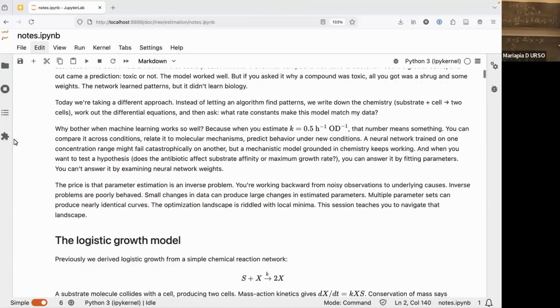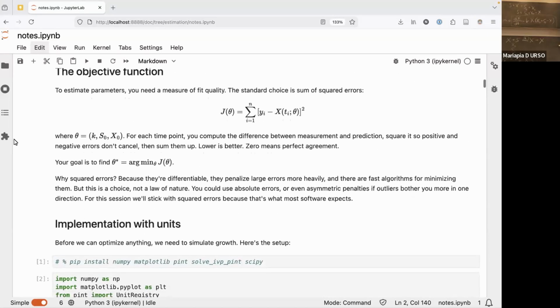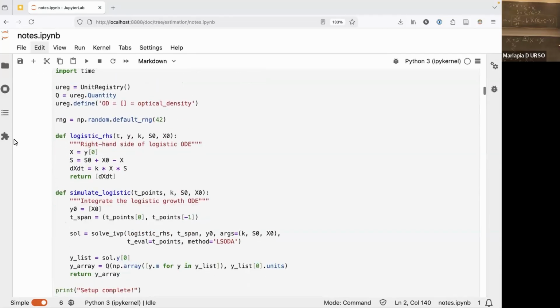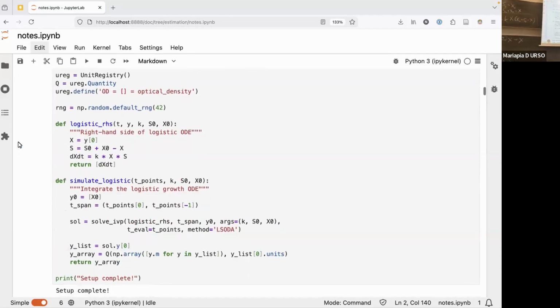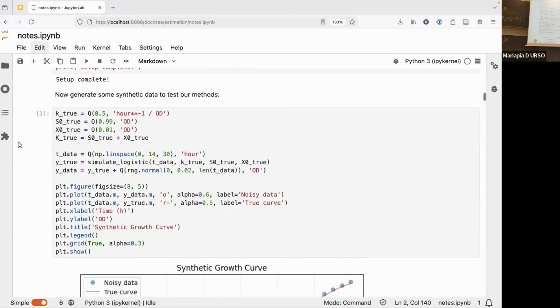And now we go into the code here. Just very quick. So here we have a simulation code, which has this logistic right-hand side, and solves the ODE for us numerically, of course. We do everything here with units.